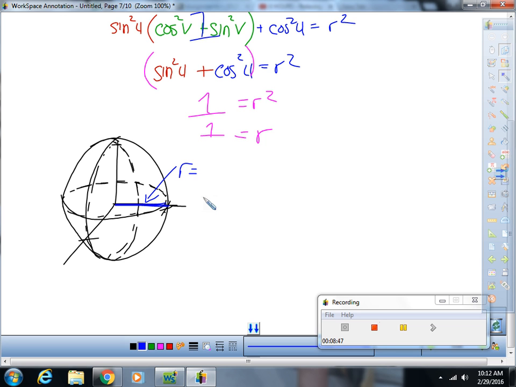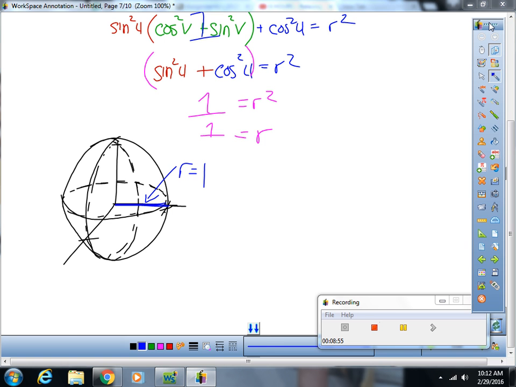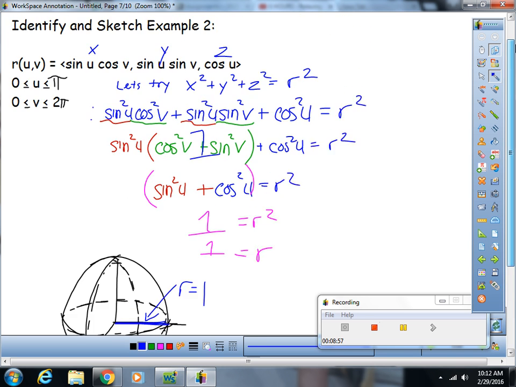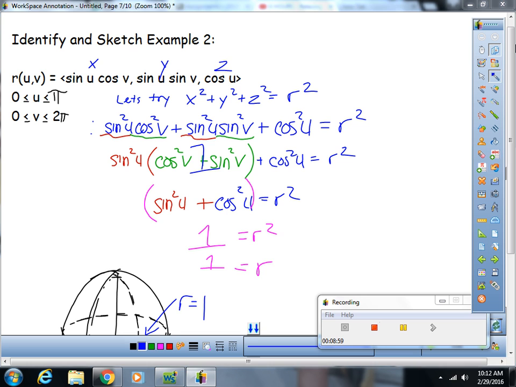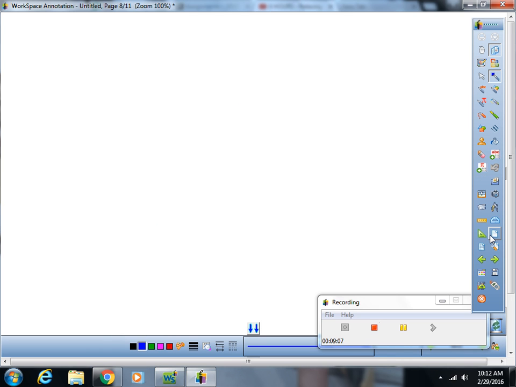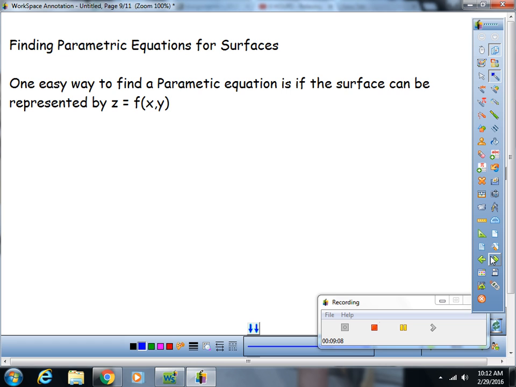So now we have found two common geometric objects and very doable ways of representing those objects as parametric surfaces. Okay? Alright, so there's other ones we can figure out.